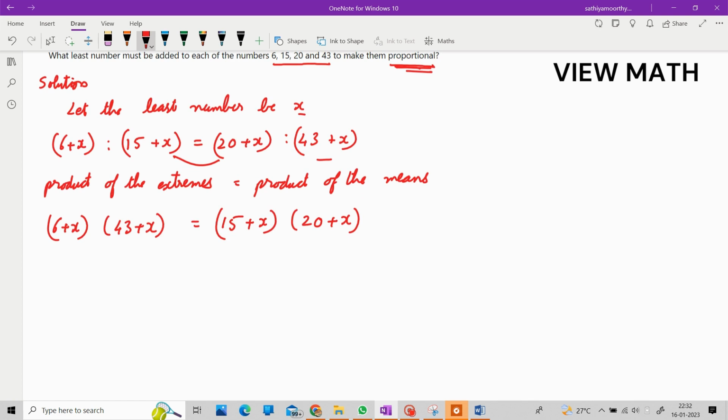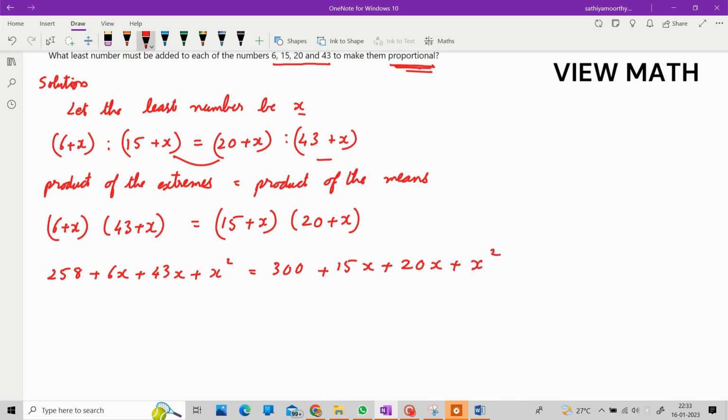Now 6 into 43 is 258 plus 6 into x is 6x plus 43 into x is 43x plus x square. This is equal to 15 into 20 is 300 plus 15 into x is 15x plus x into 20 is 20x plus x square.